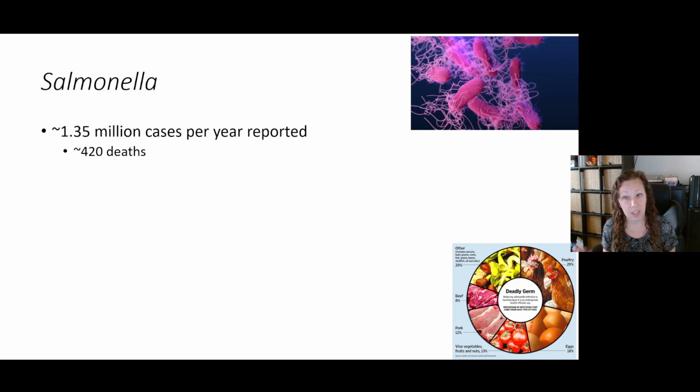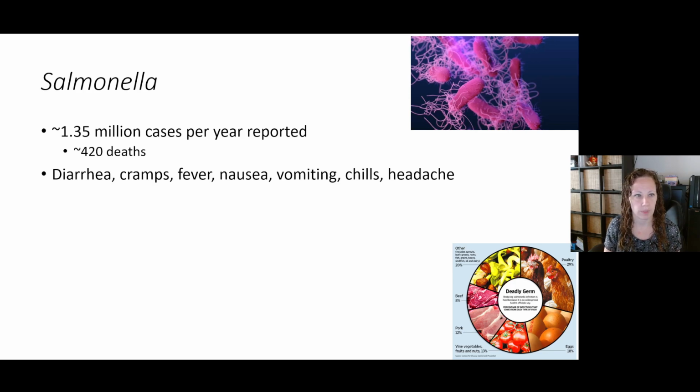Now that number of deaths total is more than the Listeria, but you notice that percentage-wise, it's much, much lower. So generally, Salmonella is a less severe illness, and it's really going to hurt those that have some kind of immunocompromisation. Salmonella causes diarrhea, cramps, fever, nausea, vomiting, chills, and headache.